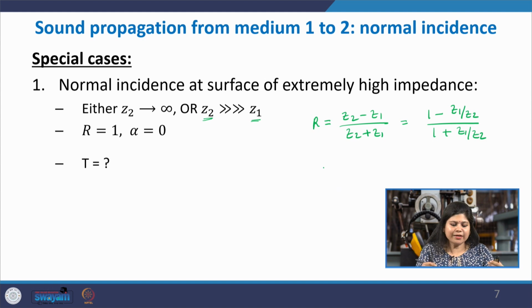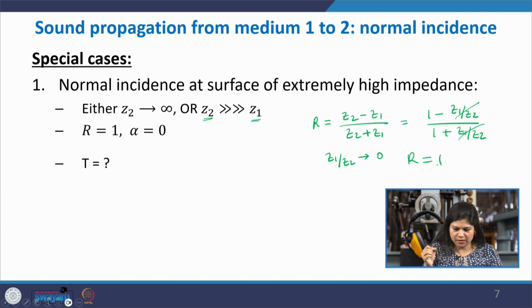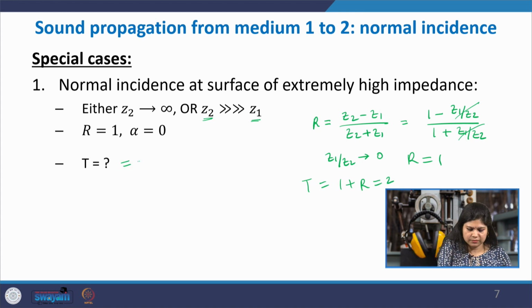Since Z2 is much higher than Z1, or Z2 tends to infinity, in both these cases the Z1/Z2 quantity tends to 0, because the denominator is much higher compared to the numerator, and it can be neglected. If we simply neglect this quantity compared to 1, R simply becomes 1/1, which is 1, and T, which is equal to 1 plus R, becomes 2.